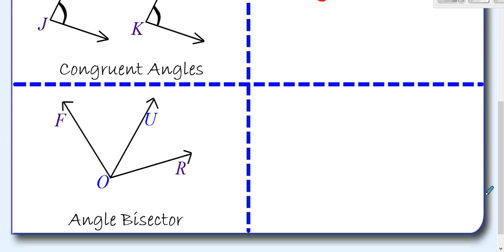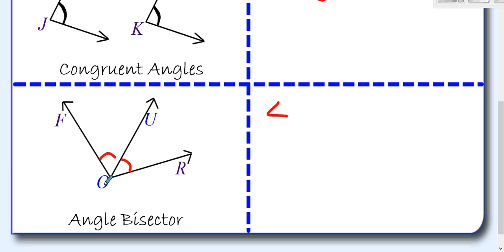Angle bisector. Bisect, again, means to cut into two equal pieces, two congruent pieces. So if it's an angle bisector, you get two congruent pieces. There's one congruent piece and the other congruent piece. So you can write that out. Angle, remember when you name it, the vertex goes in the middle.